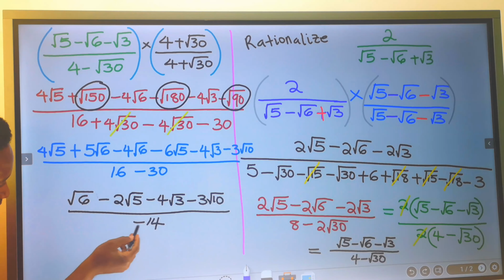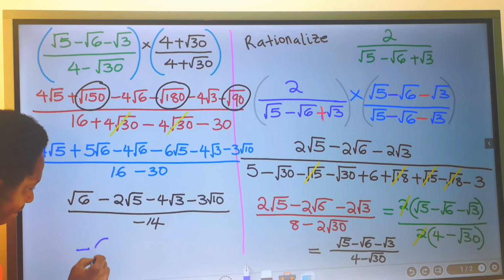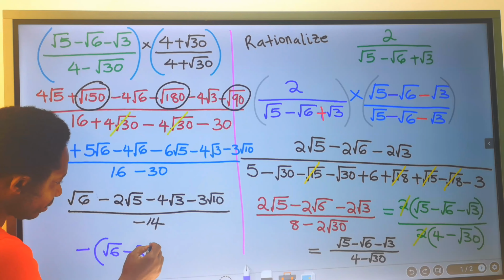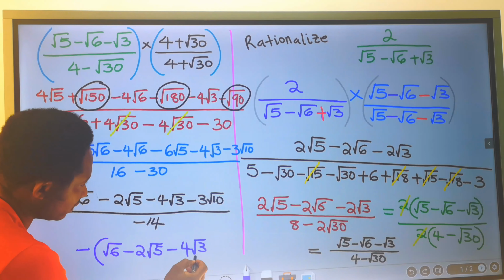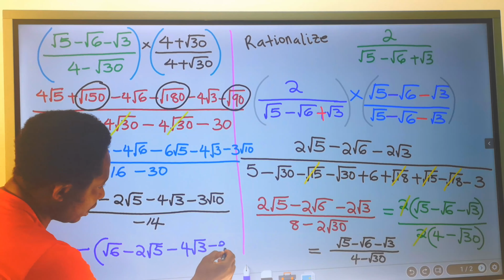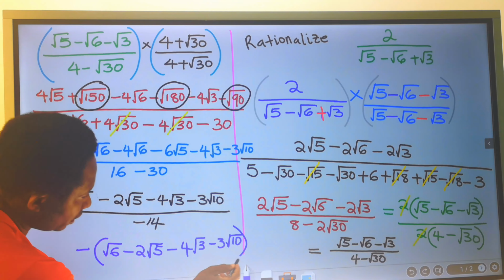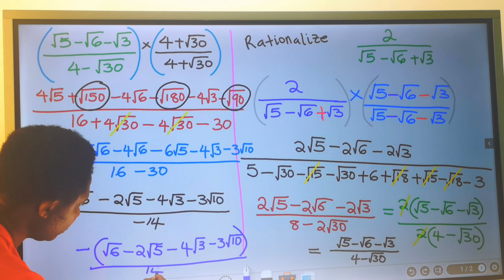Next, this minus will multiply everything out. We're going to have minus, in bracket, the square root of 6 minus 2 multiplied by the square root of 5 minus 4 multiplied by the square root of 3 minus 3 multiplied by the square root of 10. Everything divided by 14.